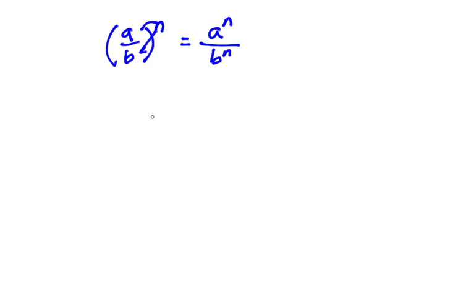Now let's look at the case where we have a over b. Now there's a fraction a over b to the power of n. Well, that is just equal to a to the power of n over b to the power of n. So the fraction just has the exponent distributed to both places.